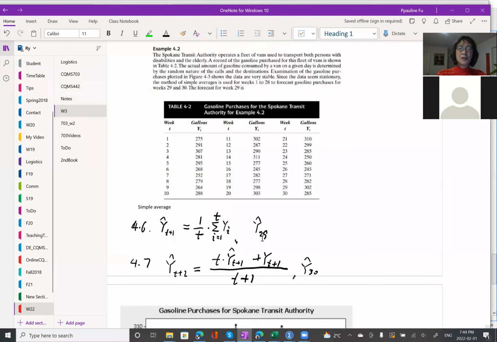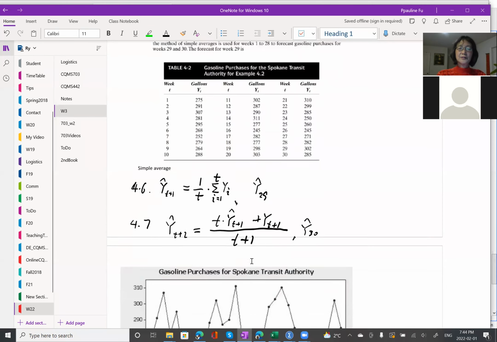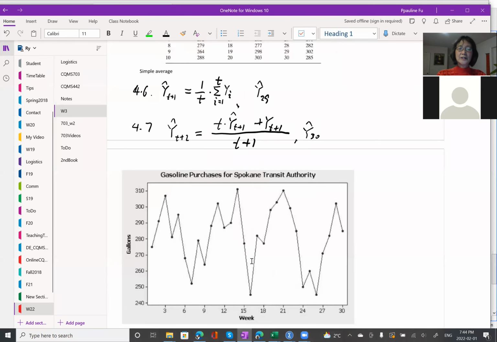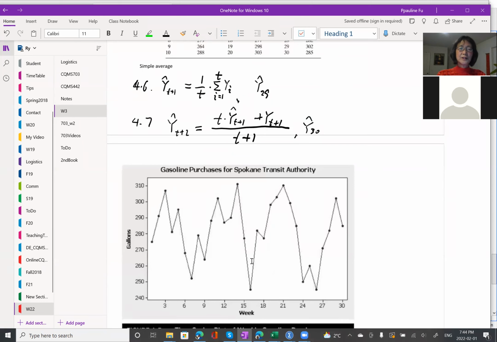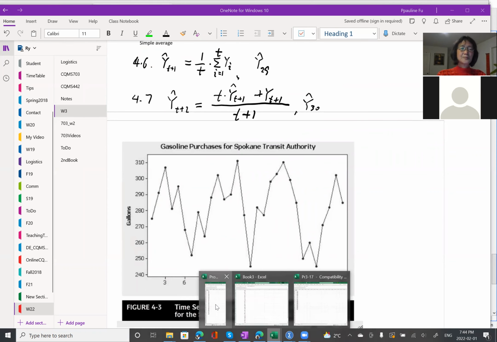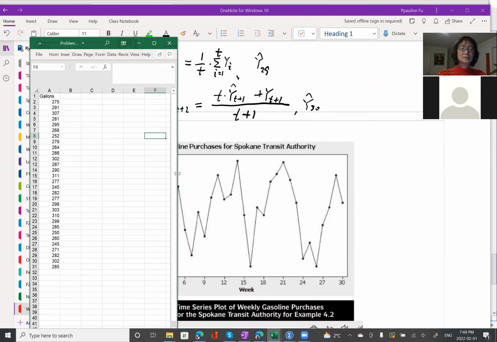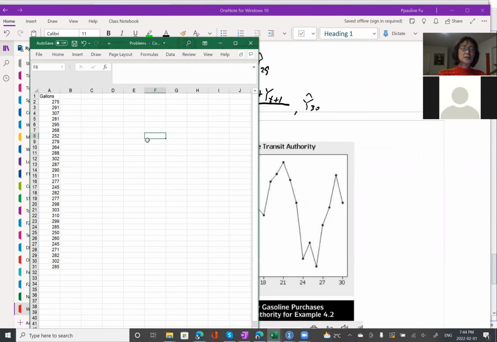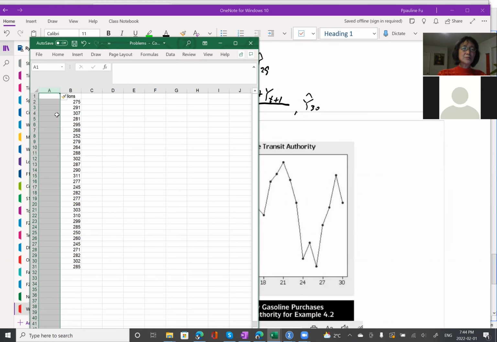So first, I will create a line chart to see if the data is stationary or non-stationary. So I'm going to create a graph like this. How do I create a graph? You go to Excel. You can actually add the weeks. Maybe I will insert a column.